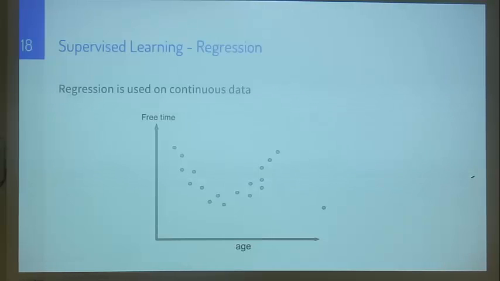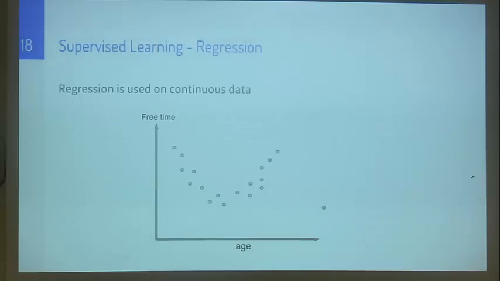In the x-axis you have your age. Is this a continuous data set? Are these values continuous? It is, right? The free time and the age. Your age is continuous, right? Every time you age. So if you feed in the age and the free time, your data set would look something like that.